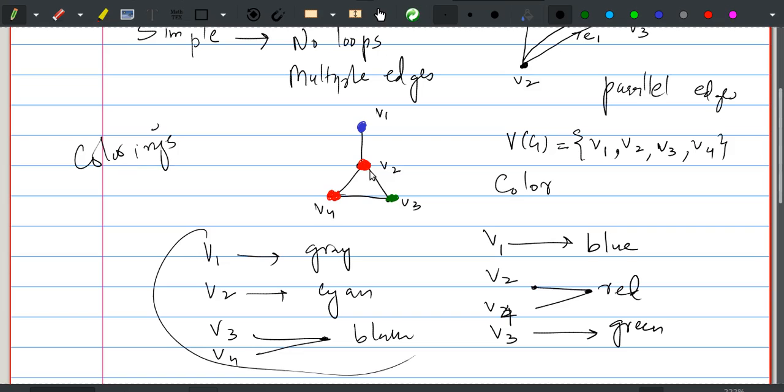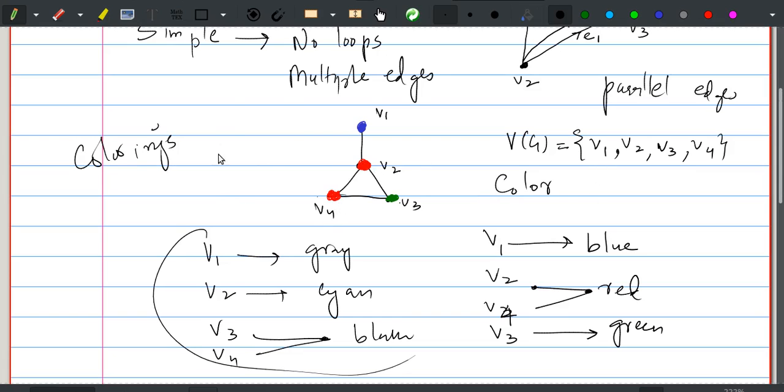So what is the game? The game is that they must get different colors because they are adjacent. So this coloring is not going to work here. Similarly, if we color V3 and V4 with this black color, this coloring is not going to work. So what can we do? We have to color this graph such that no two adjacent vertices get the same color.